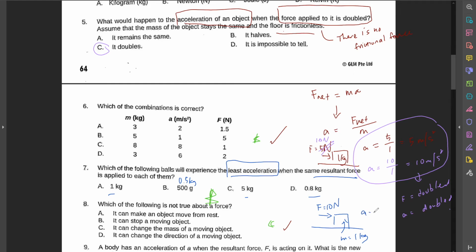Then the acceleration will be 10. What if I follow your answer, which uses a mass of 20? Now the mass is 500 grams, so 0.5 kilograms. So then acceleration will be 10 divided by 200.